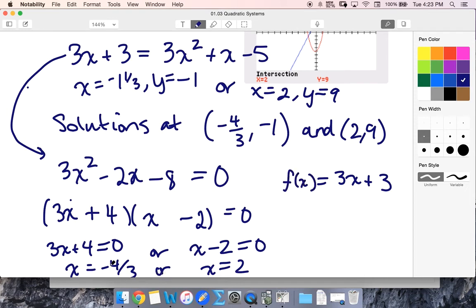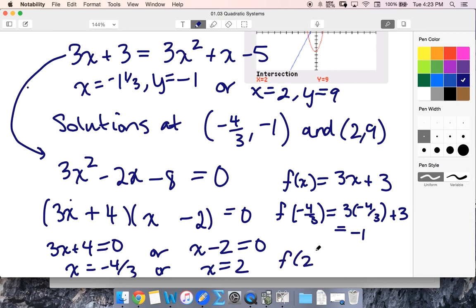I could plug these numbers into either the line or the quadratic because that's where they're meeting. The line and the quadratic have the same values. So of course I'm going to pick the line because that's an easier one. f of negative 4/3: 3 times negative 4/3 is negative 4, plus 3 is negative 1, which is what we had said.